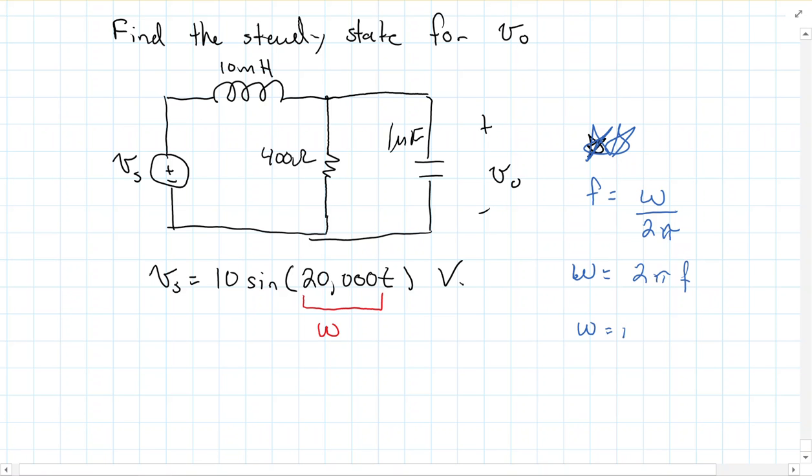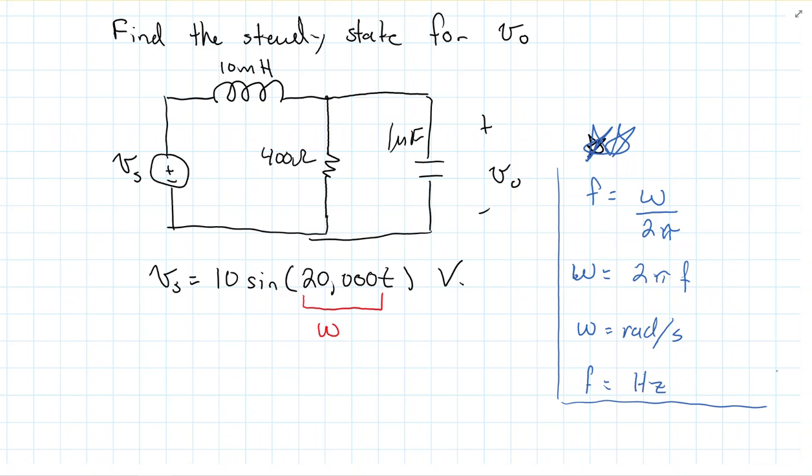Units for omega is radians per second, and the units for frequency is hertz. So you want to keep that in your head on the side. The reason is sometimes a problem will say, okay, we have a sinusoidal source at 1 kilohertz. Remember, my equations for impedance use omega, so you always have to make sure you have omega when doing these computations. But when you're given the voltage source like we are here, we always know that omega is just the number sitting in front of t.